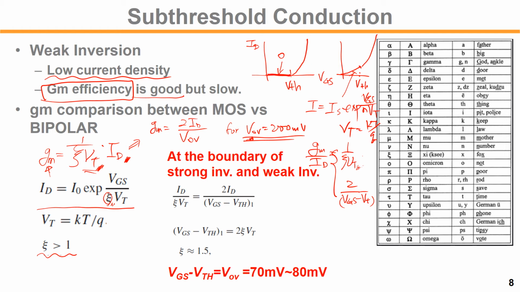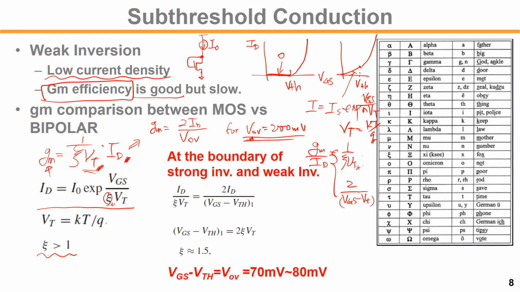For example, if you want to drive the transistor in weak inversion, in this kind of bias condition, we have a fixed current through the device.